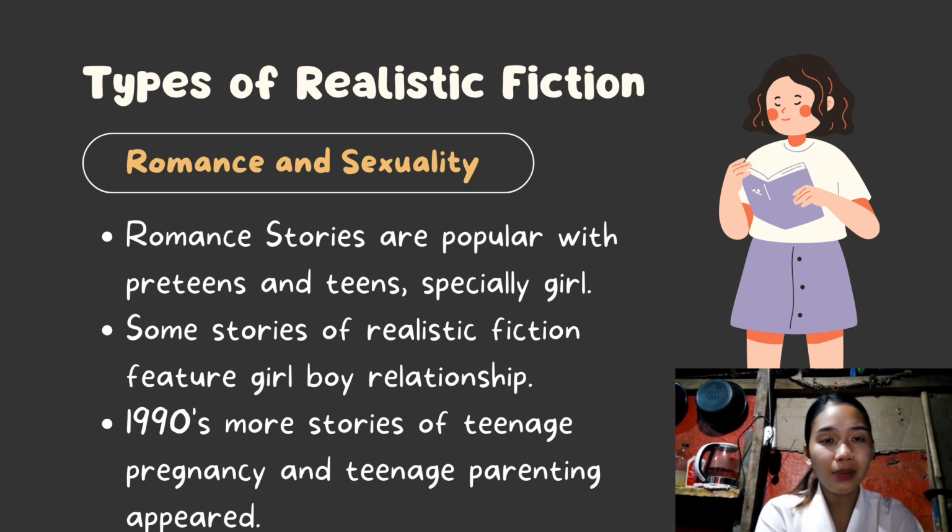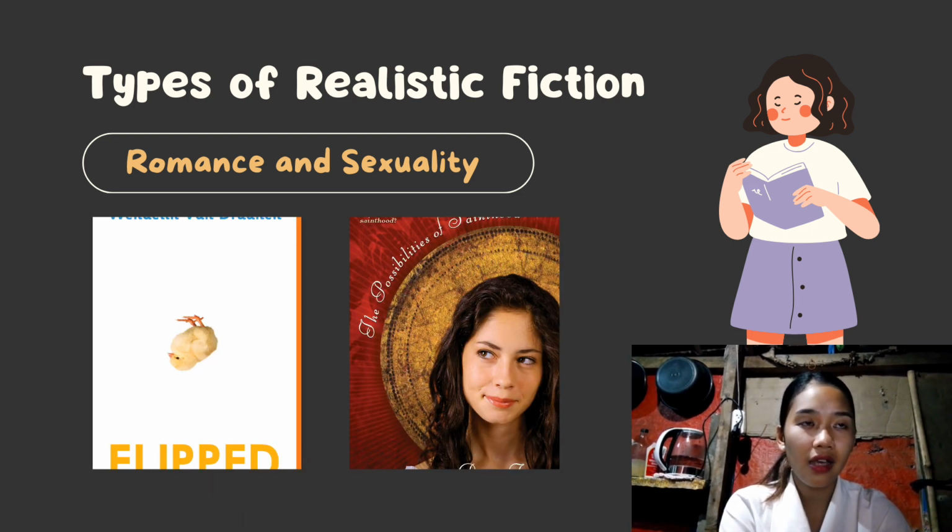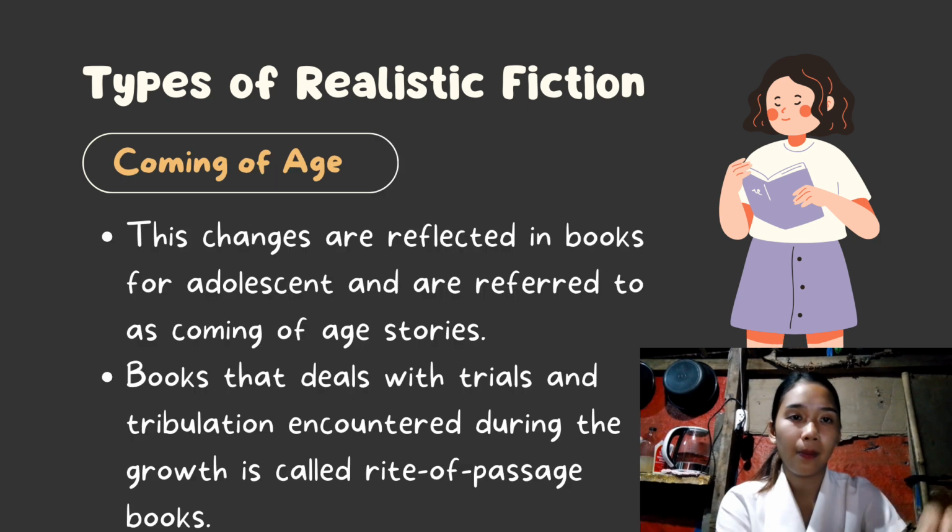So, teen pregnancy and parenting in 1990s fiction: stories from this era began addressing teenage pregnancy and parenting, highlighting challenges like responsibility, stigma, and societal pressures. And these are examples of realistic stories under romance and sexuality.